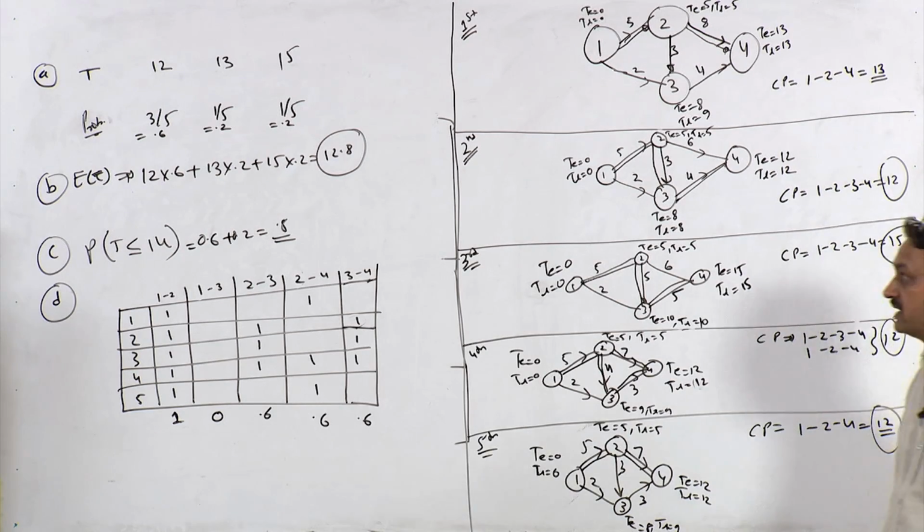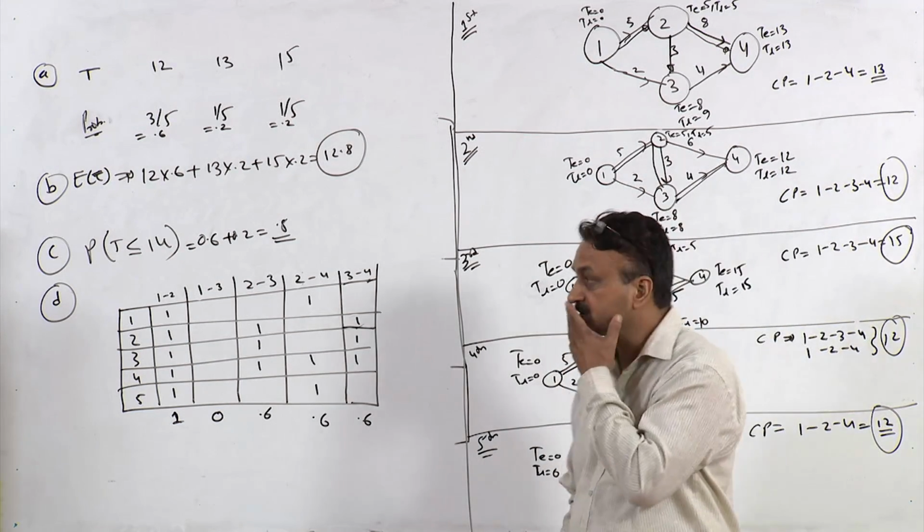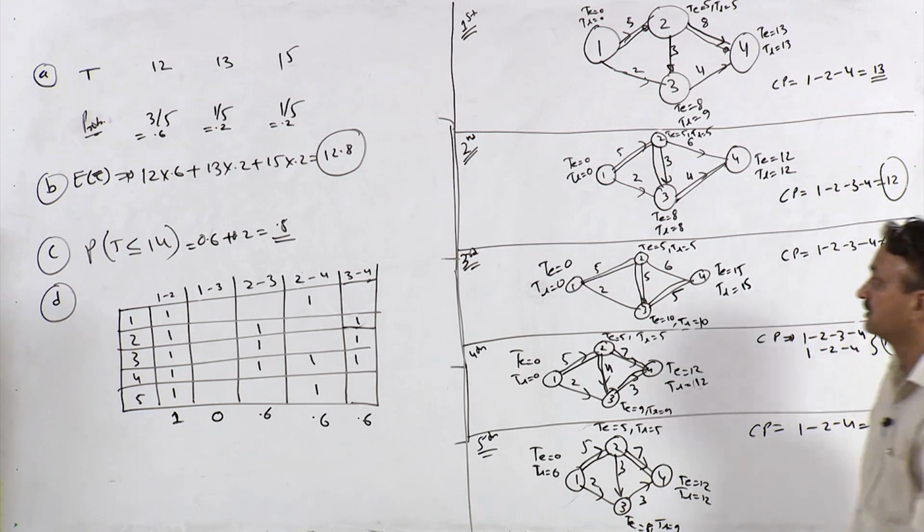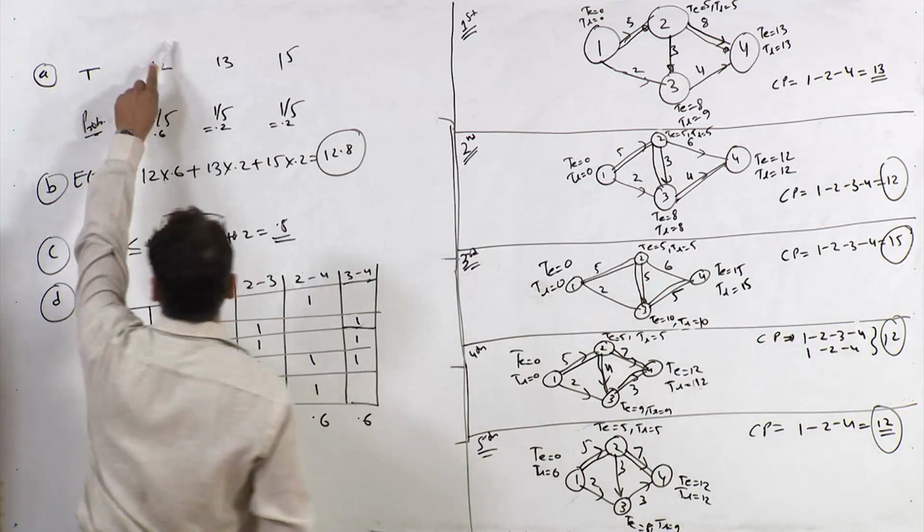So what we have said at the end of the day is that the probability that this project would be completed in 12 days is 60%, in 13 days 20%, and in 15 days 20%, right. Since we got this only once, it is 1 by 5, 1 by 5 and 3 by 5 for the durations, right.